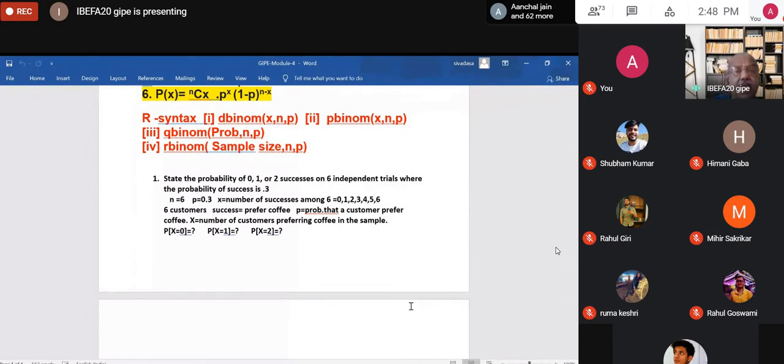So n is 6. p is 0.3 and x is equal to 0, 1, 2, 3, 4, 5, 6.